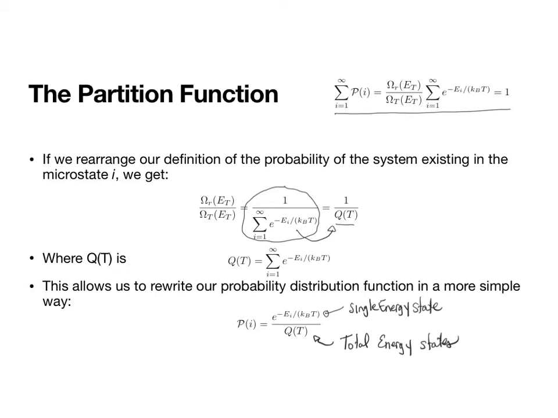So you're probably thinking, this function on the bottom looks really complicated. It's got a summation up to infinity of this exponential term. This looks really hard for us to deal with.